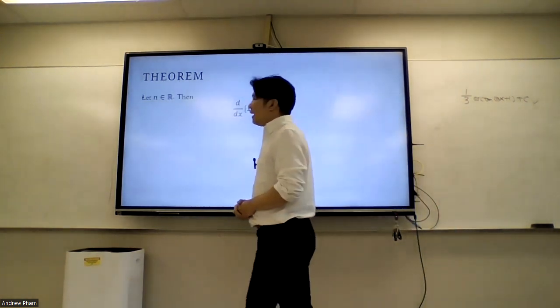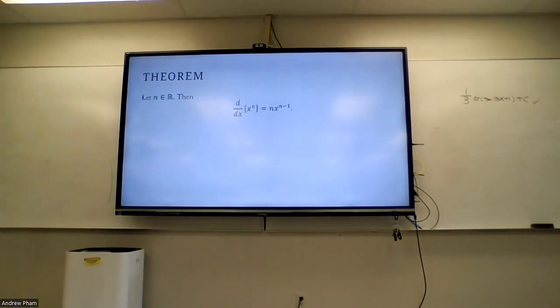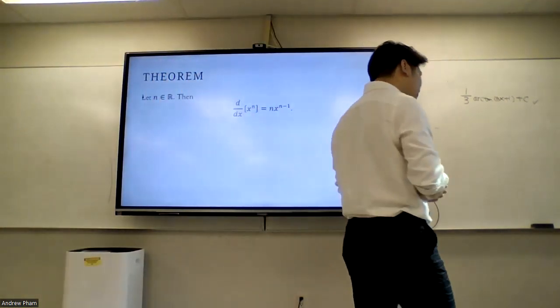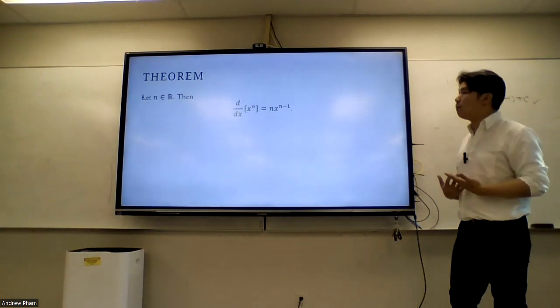So let n be a real number. So n is any real number that you can think of. Let's say I want the derivative of x to the n power. I'm going to have y'all write out this first, and then I'm going to use the phrase that we always talk about for this particular one.